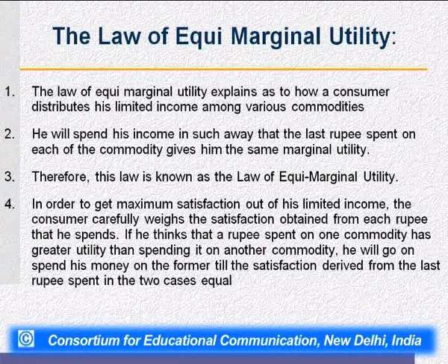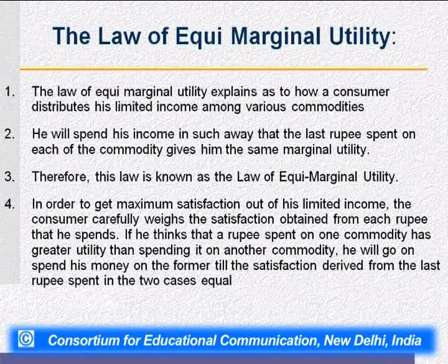In order to get maximum satisfaction out of his limited income, the consumer carefully weighs the satisfaction obtained from each rupee that he spends. When spending his amount, he carefully watches where he gets satisfaction and where he gets slightly decreased satisfaction in comparison to the previous one.